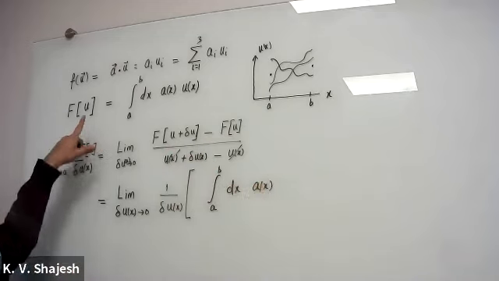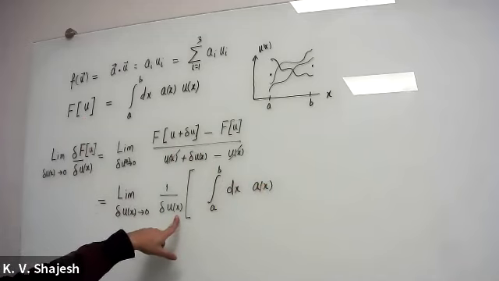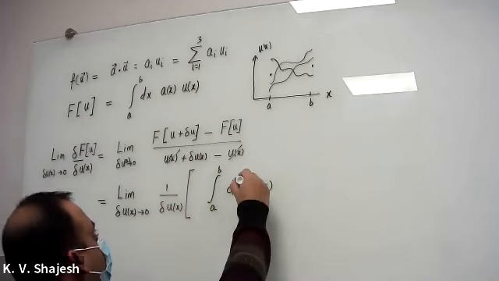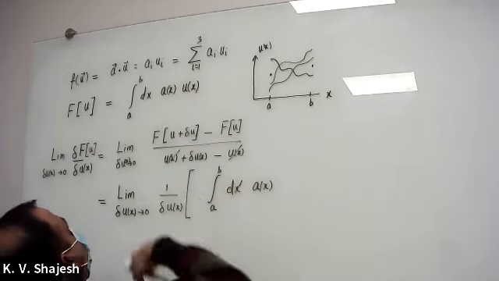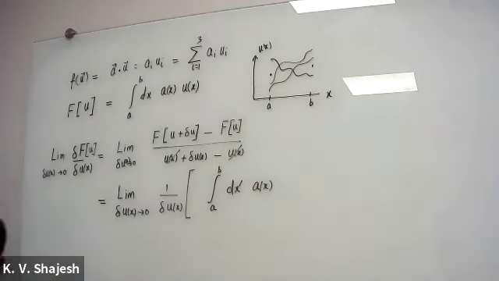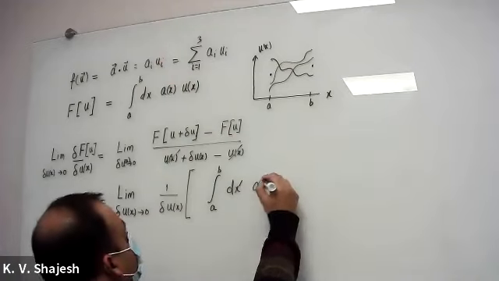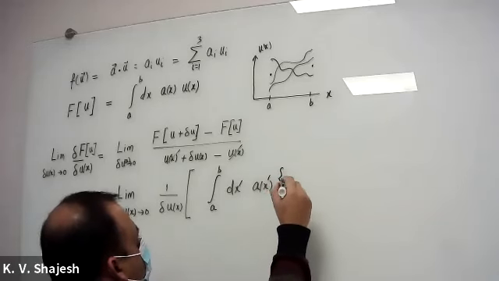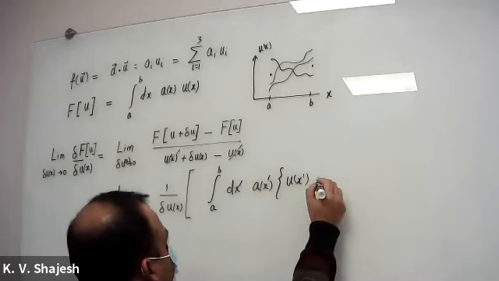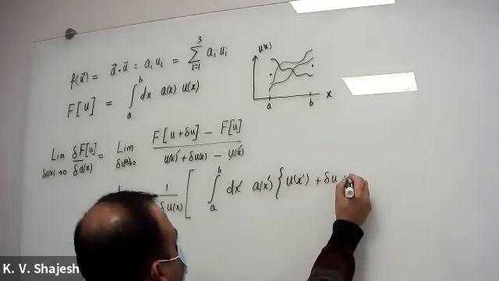But let's be careful. I already used x as an independent variable, so this integral has to be x prime. Exactly like here, right? If I'm doing a derivative with respect to i, I cannot use the same i that I used in the summation, right? That's a dummy variable. Same thing here, so this is x prime. And this is a of, so this is u, let me say this is u of x prime plus delta u of x prime.